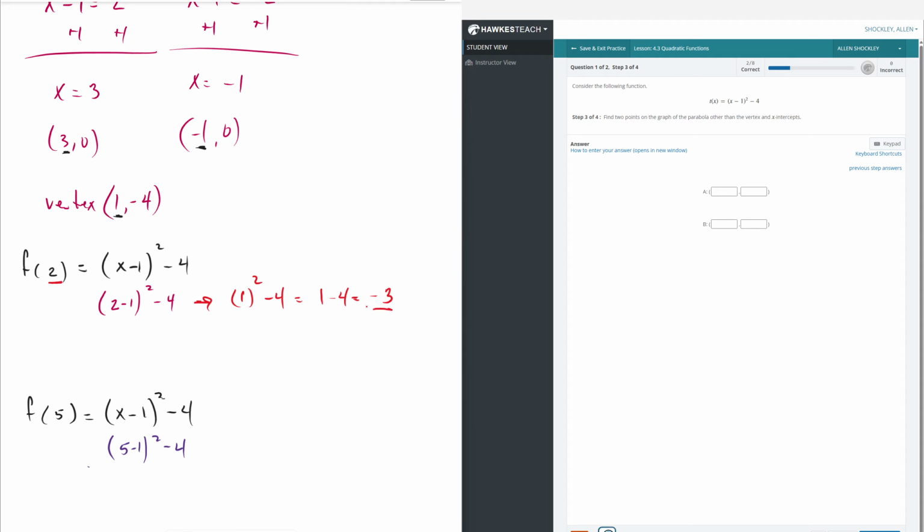So I have the coordinate 2, negative 3. And then for the one below it, 5 minus 1 is 4. 4 squared is 16 minus 4, which is 12. So now I have the coordinate 5, 12.